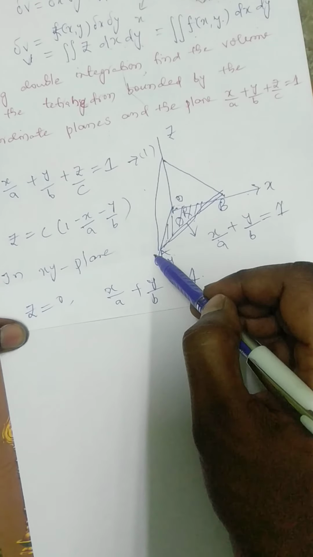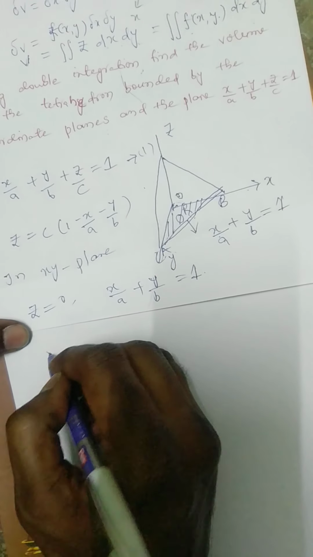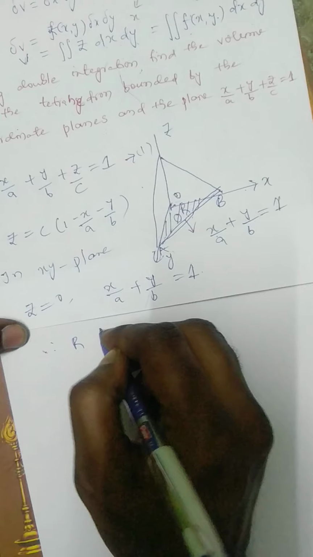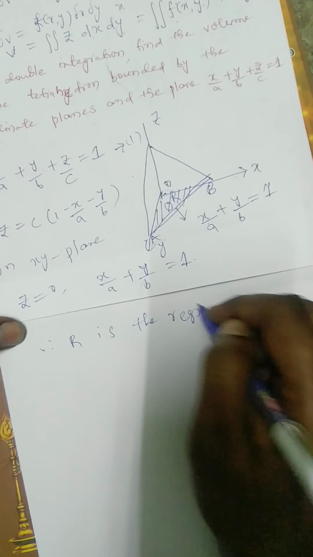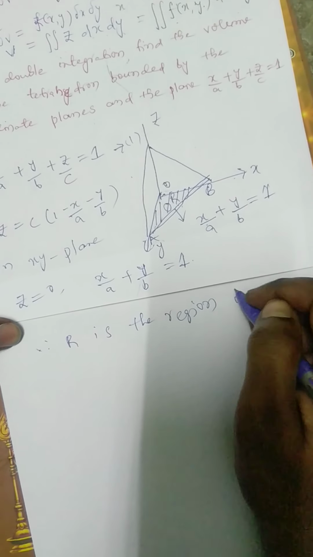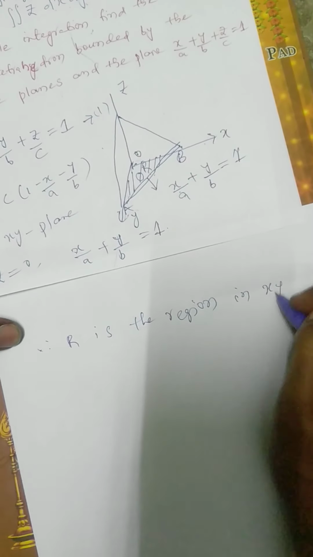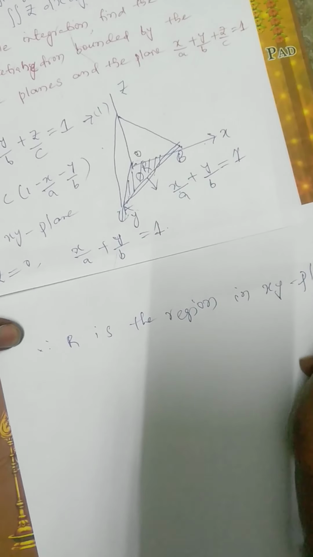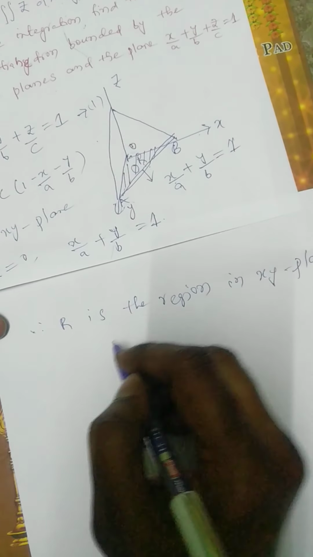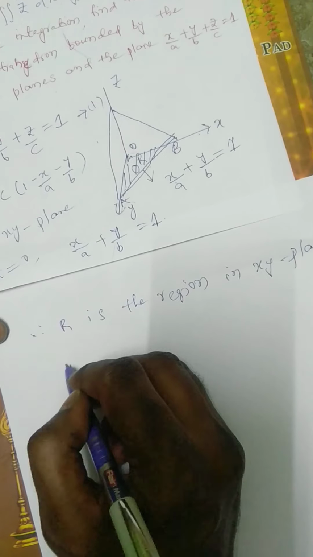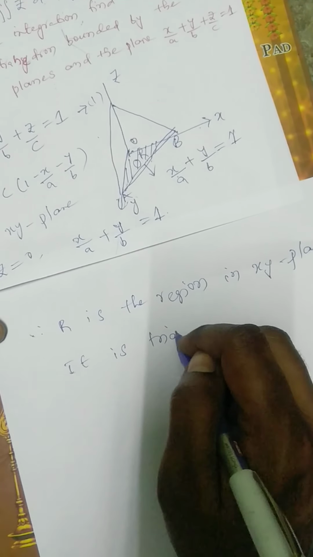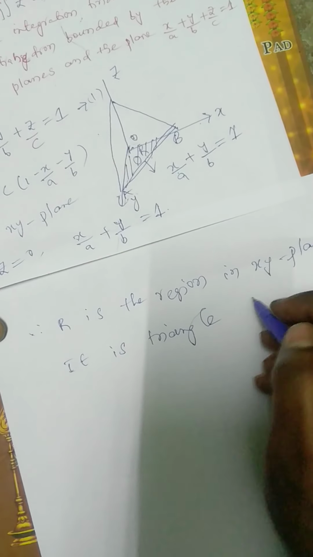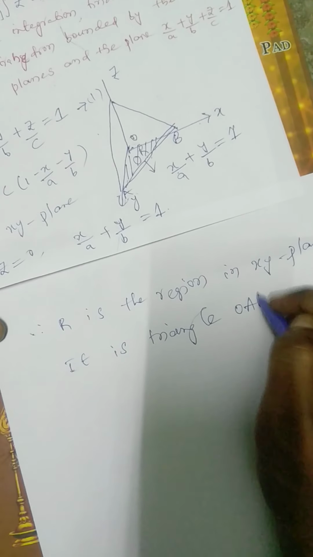Therefore R is the region in the xy plane, and it is a triangle OAB.